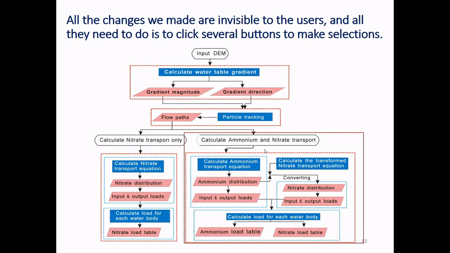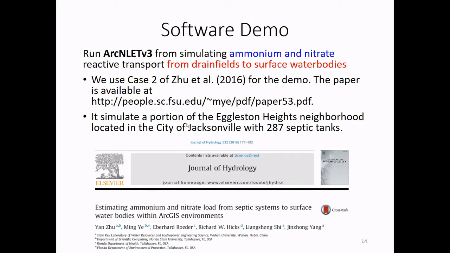So all the changes we made in ArcNLET are invisible to the users, and all the users need to do is just click several buttons to make selections whether they want to use nitrate only or both ammonium and nitrate, right? So from now on, I will give you a software demo for the full ArcNLET, that is to simulate ammonium and nitrate reactive transport from drain fields to surface water body.